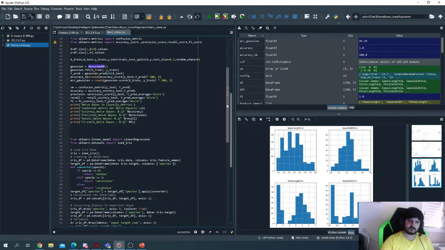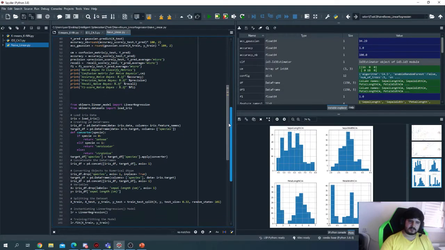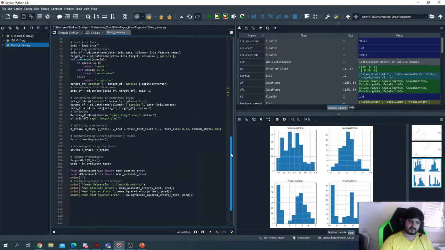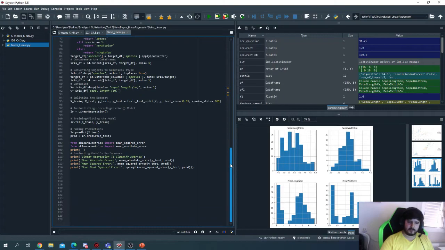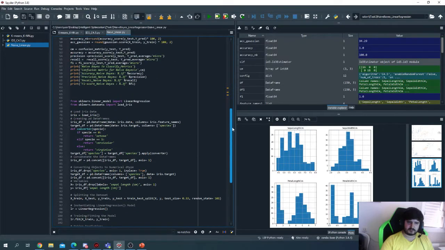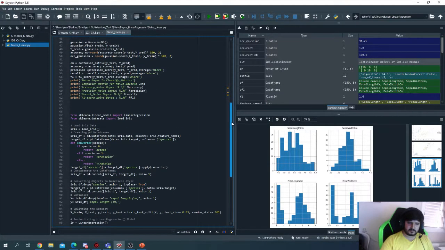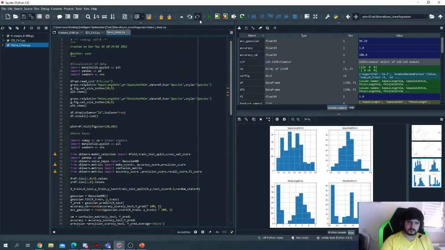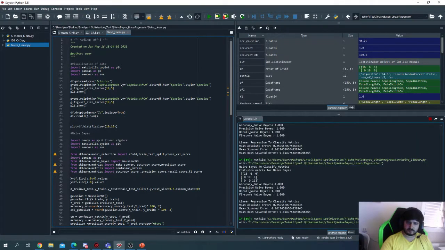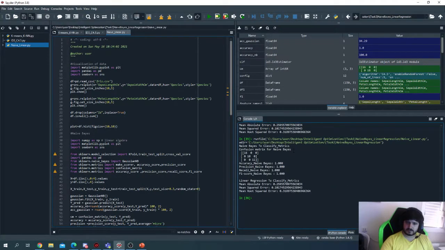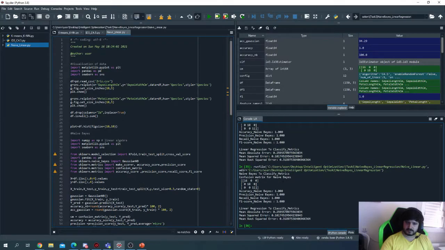This is my code. I used the train and test split from the code, and I used the scikit-learn metrics for better accuracy results. Let's check our code. I started it. Now you can see the naive Bayes classification, the confusion matrix is right here.